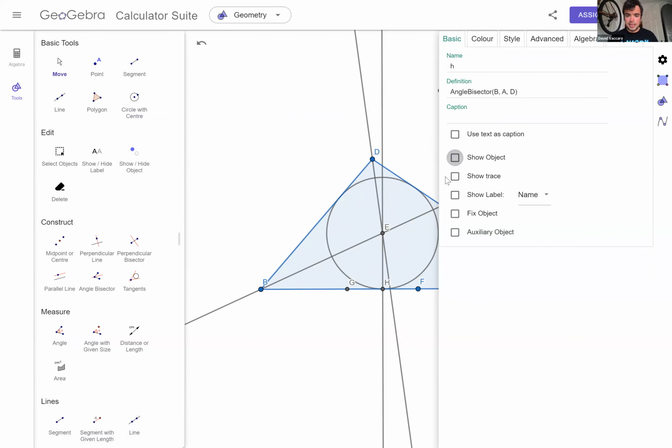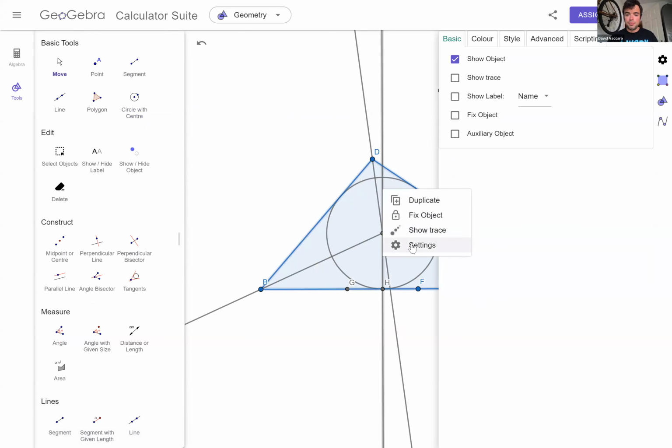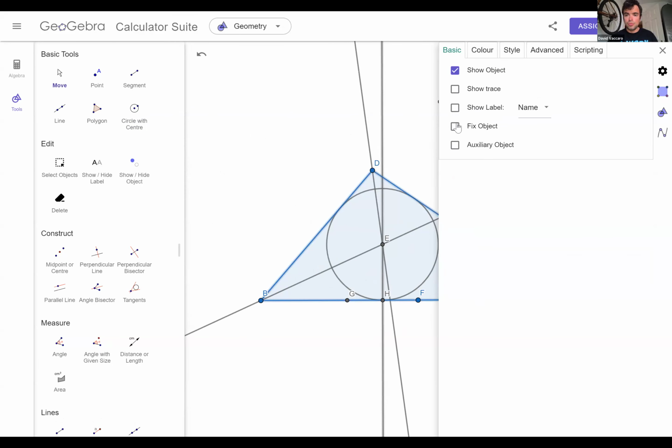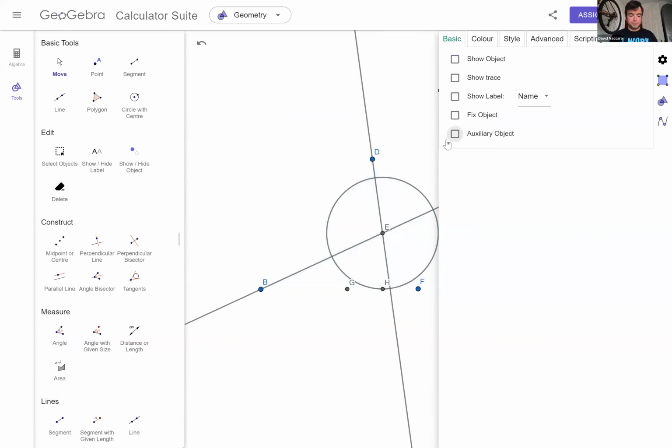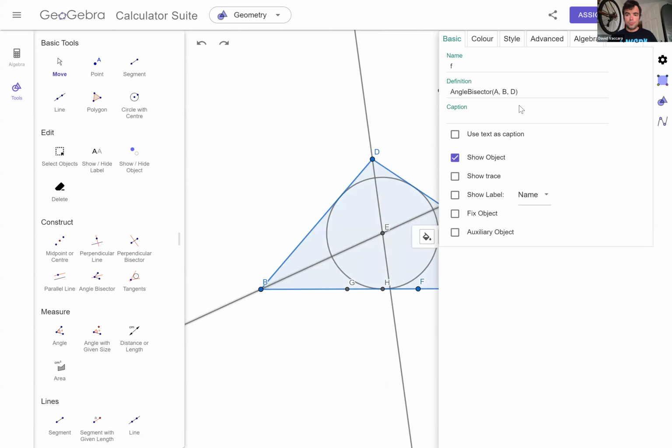I'll just make this a little bit less cluttered. So what I've done is I've got the point E, which is where the angle bisectors all meet.